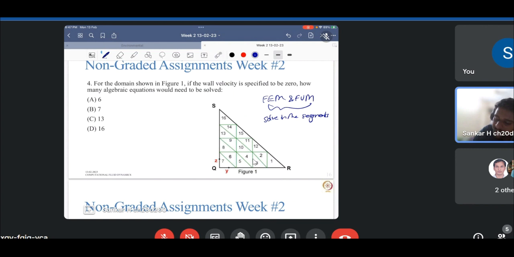So when we solve for the segments, we need to find out how many segments are there, and we see that there are around 16 segments in total. Therefore, each of these segments needs to be solved and the answer found. Therefore, we need to solve 16 algebraic equations here.